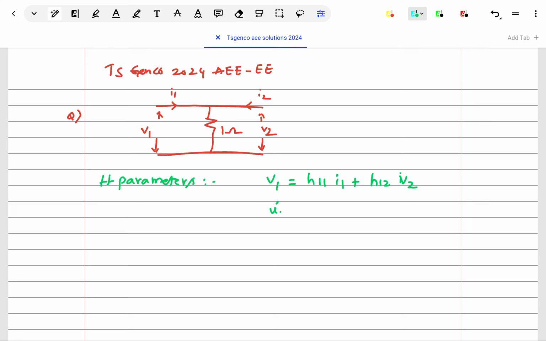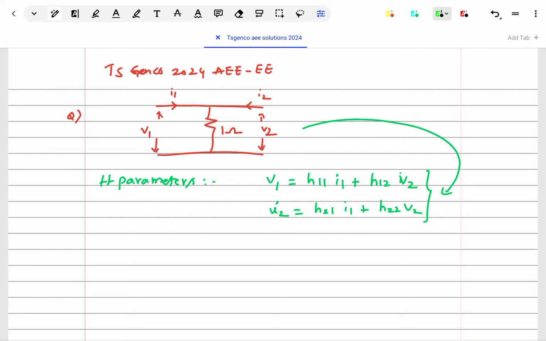Similarly, I2 equals H21 into I1 plus H22 into V2. These are the two equations of the H parameters. We need to write this entire network in this form of equations.